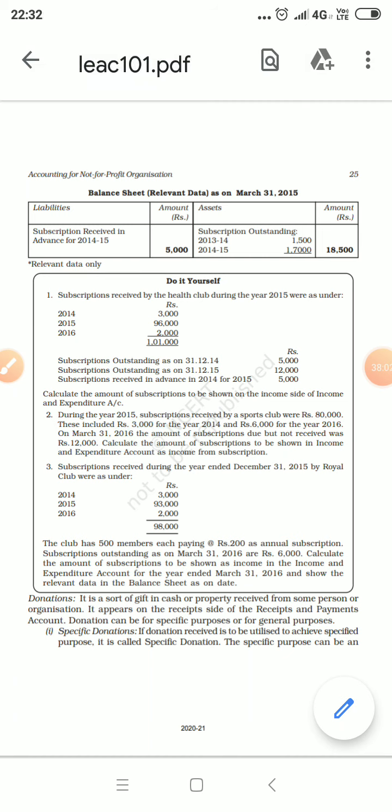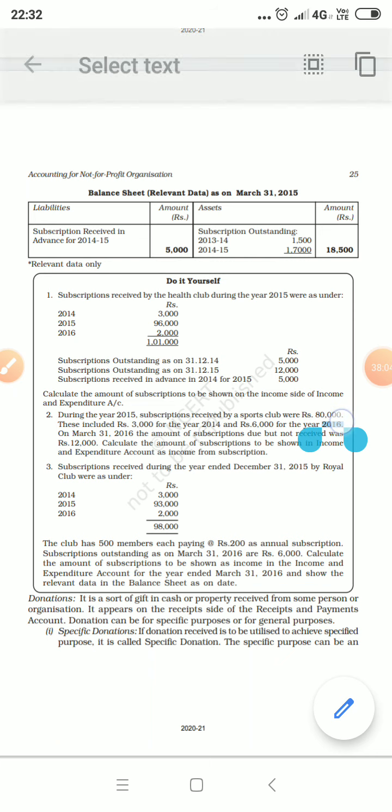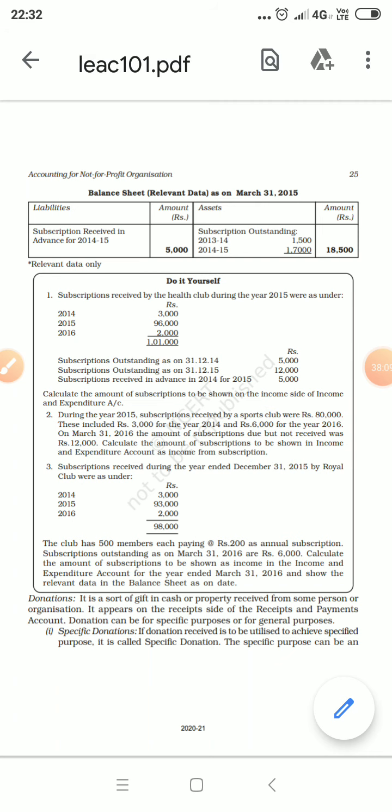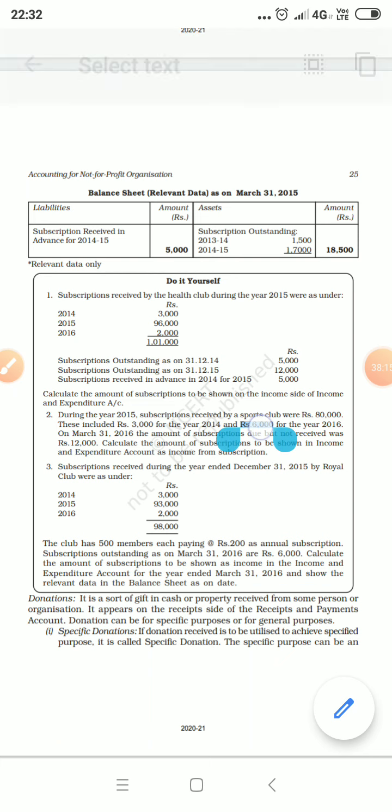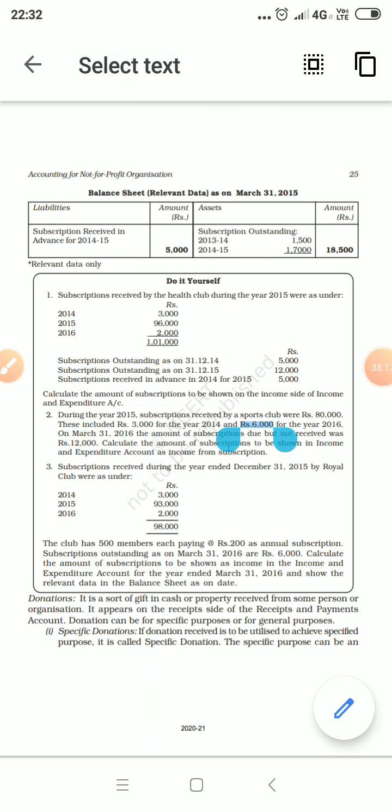80,000 minus previous year's outstanding. And 6,000 were for 2016. So 6,000 belongs to next year. So 6,000 should also be subtracted. So 80,000 minus previous year's outstanding minus current year's advance. 80,000 minus 3,000 minus 6,000.